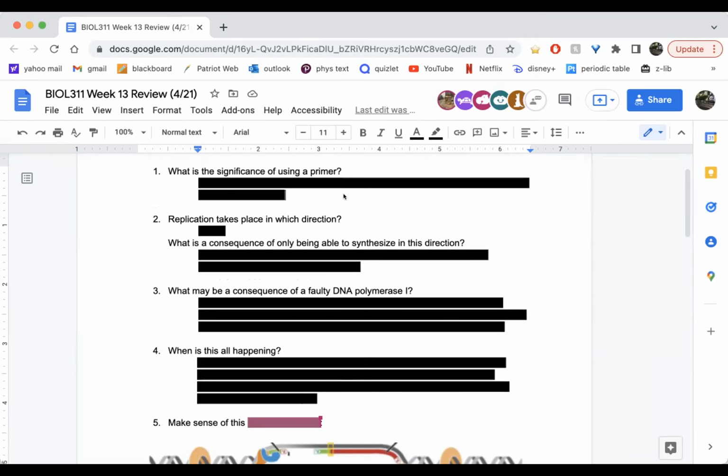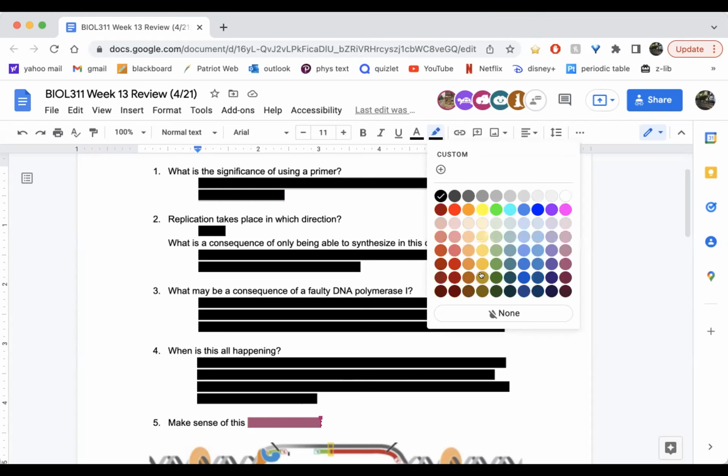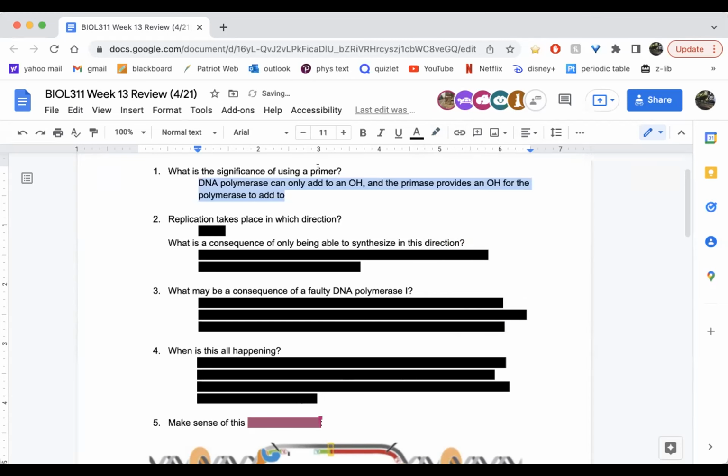So basically, DNA polymerase cannot just synthesize on nothing. It has to have something to add the nucleotides to. And so these primers provide an OH, a hydroxyl group, in order for the polymerase to actually add on to it, because polymerase has to have something to add on to, and it adds on to the OH.